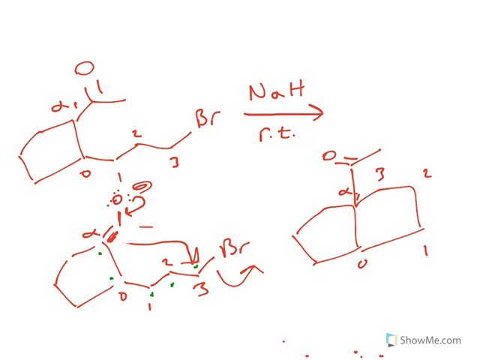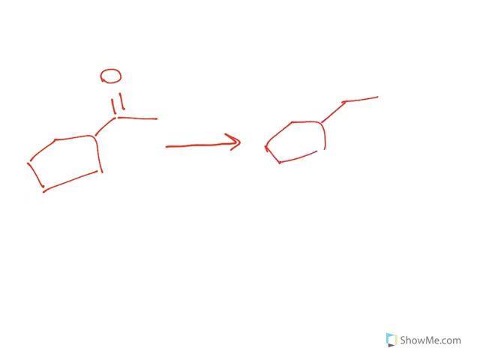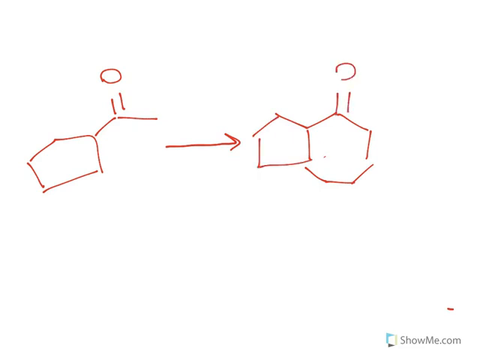So this is pretty neat. You can get 2 different products depending on what base you use. Let's recap this whole process. I'm going to start with the 7-membered ring, and the other one.